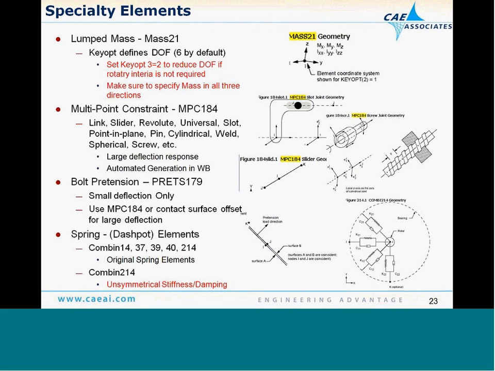And there are a number of different specialty elements that can be used, for instance, for defining lumps, for defining a multi-point constraint, such as sliders between two parts, and maybe bolt pretension. Some people may have used that one in the past.